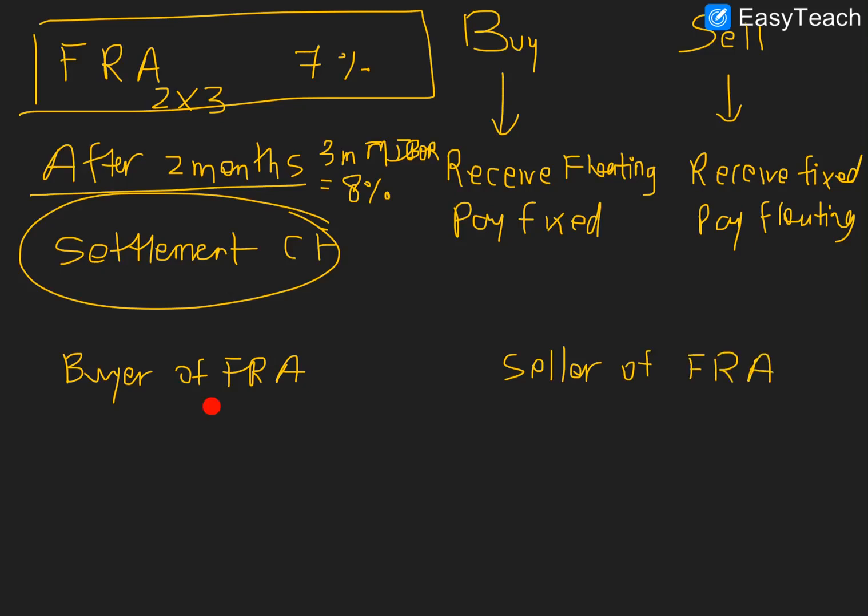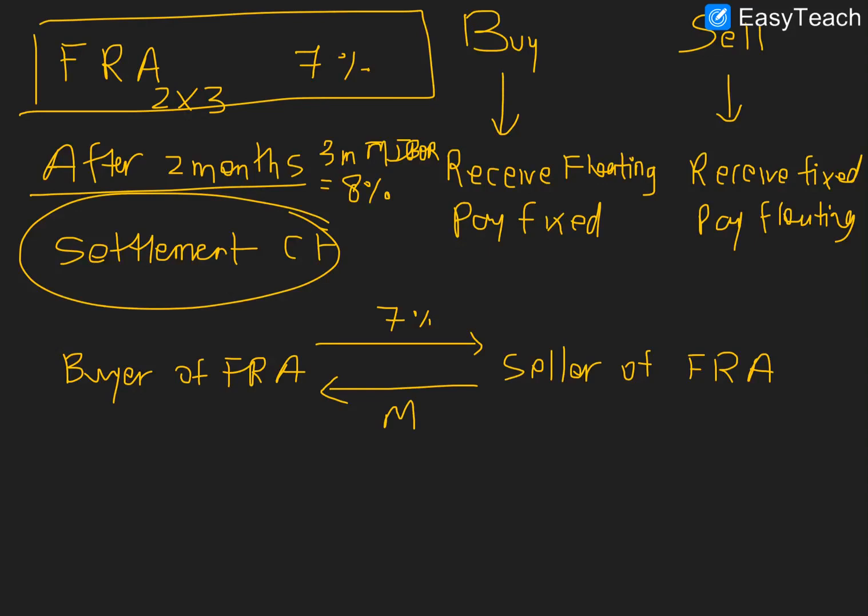As we have told, the buyer has agreed to pay fixed, receive floating. So he was supposed to pay 7% and he was supposed to receive the MIBOR.